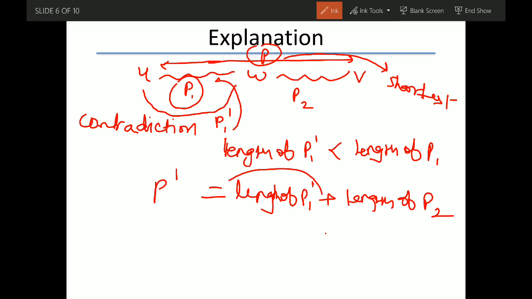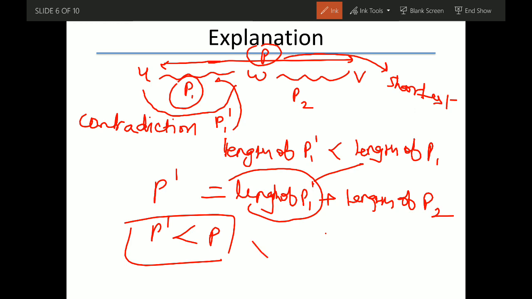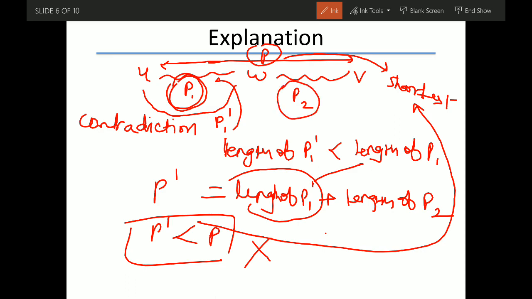Since the length of P1 dash is less than the length of P1, the overall length of P dash will be less than P. However, this statement contradicts our original statement that P is the shortest. Therefore, if P is the shortest, P1 will also be the shortest, and similarly we can show it for P2 also.